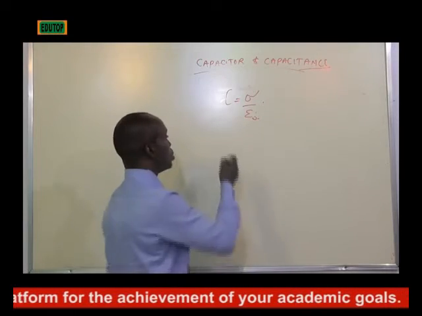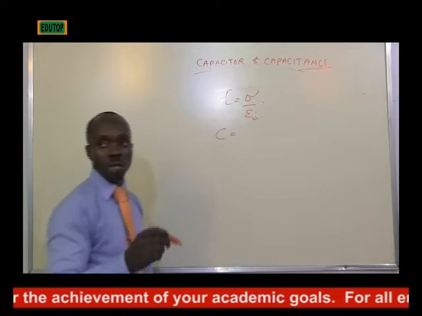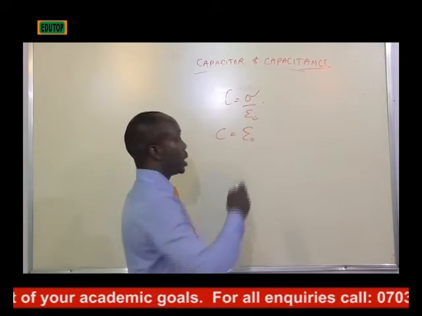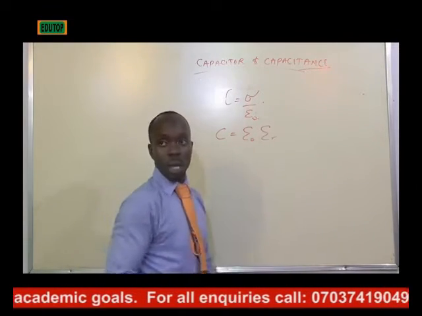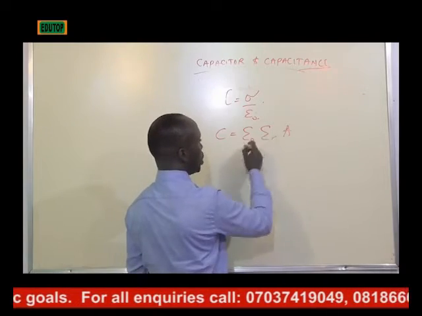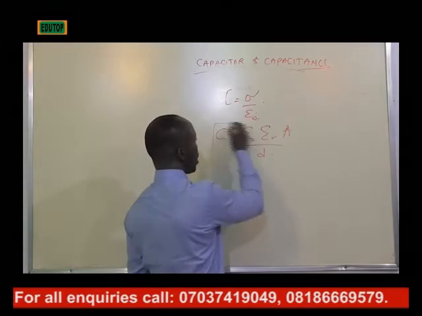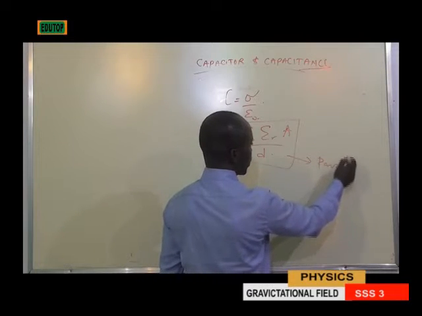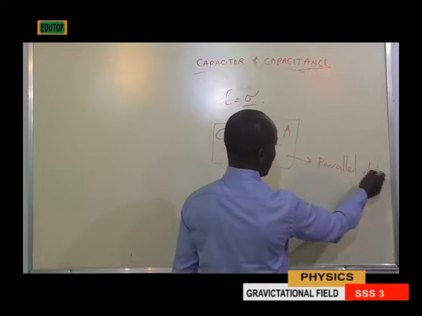Now, you'll be able to have your capacitance given as E naught ER, multiplied by A all over D. This is the capacitance of a parallel plate. Hope you are getting it now.